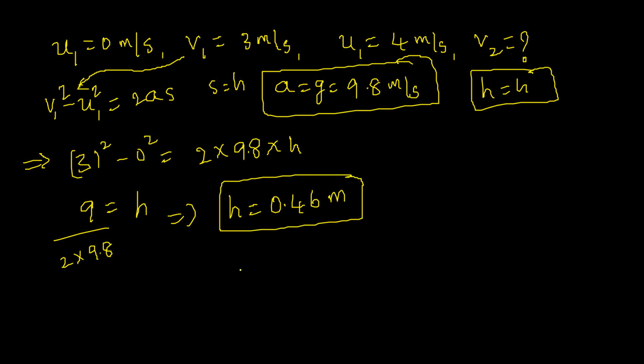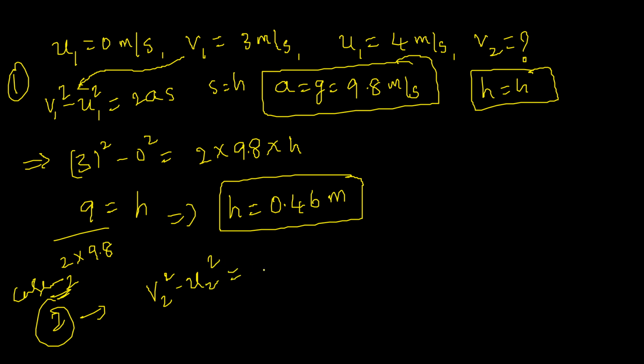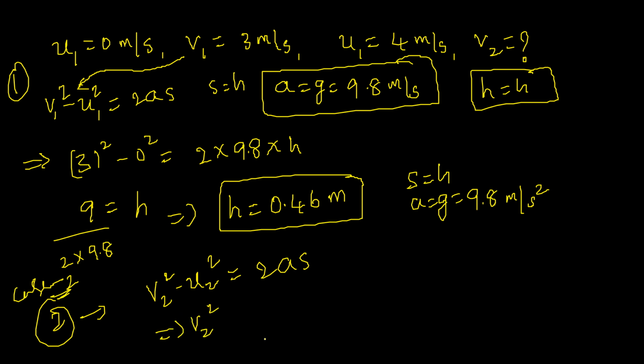Anyway, h is the same. Now we have to find the v2 value, for the second case. Same formula: v2 square minus u2 square equal to 2as, with s equal to h and a equal to g, that is 9.8 meters per second square. So v2 square equal to u2 square plus 2gh.